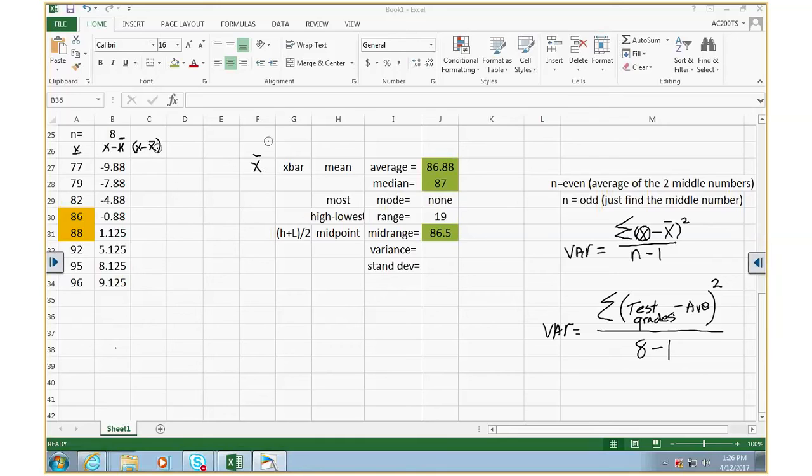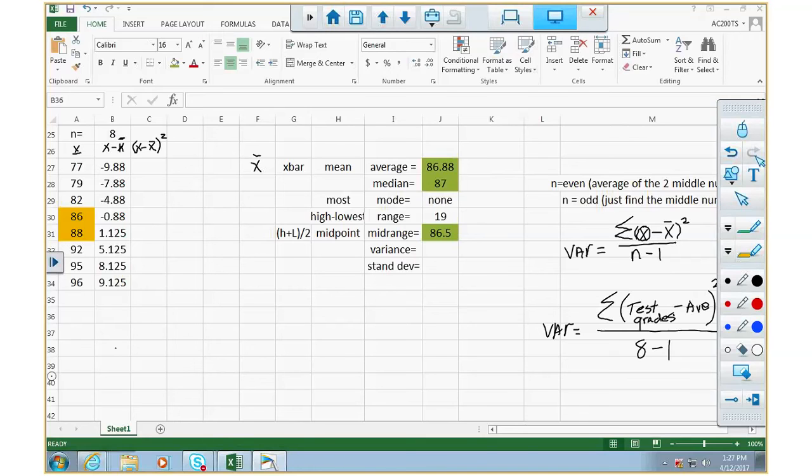And what am I going to do with each one of these numbers? You're going to square them. So do that in your notes, and put a note saying what you did. That's going to be equal to this number raised to the second power. Check your numbers with mine.